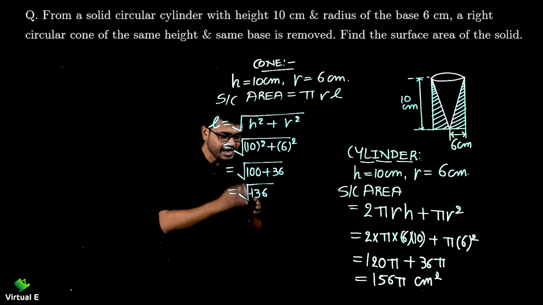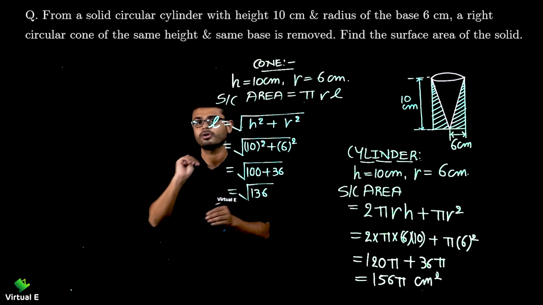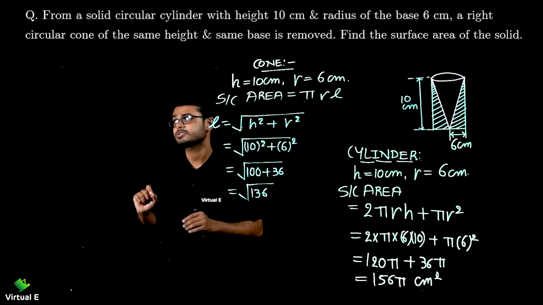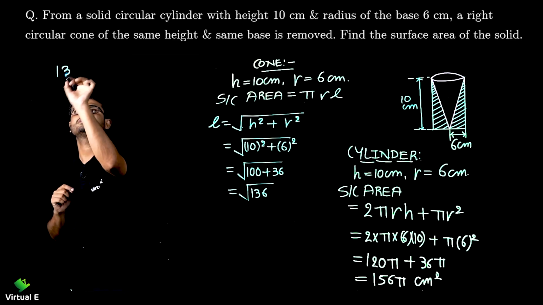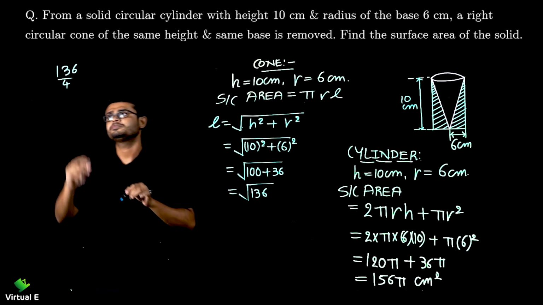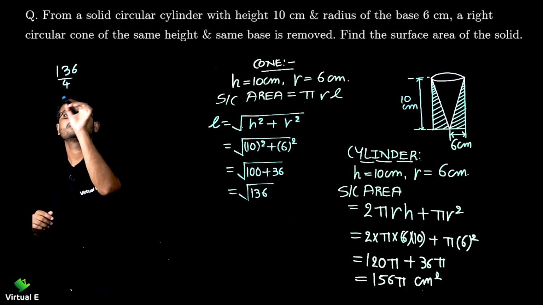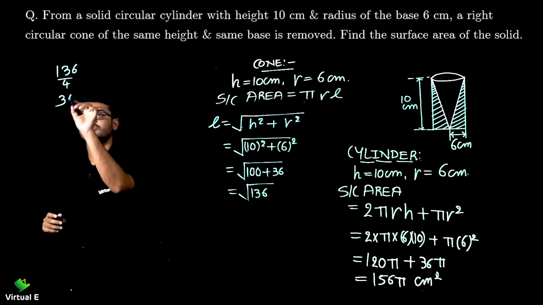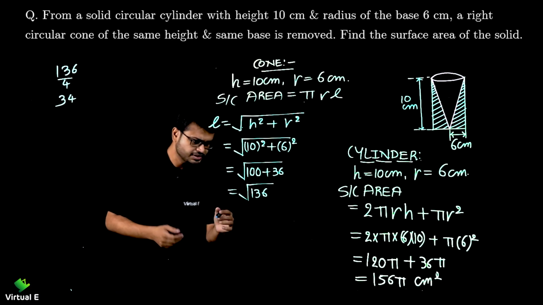So what I'm doing is dividing this 136 by 4. Why 4? You must be thinking, because 4 is a perfect square. So let's start: 136 by 4. Here 4 3s are 12, and 1 6 4s are 34. Simple, done.